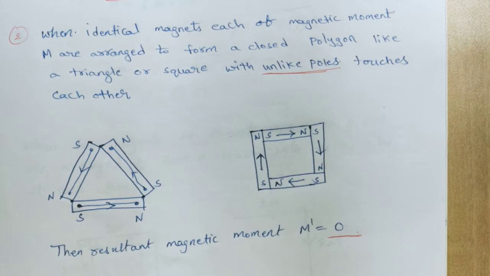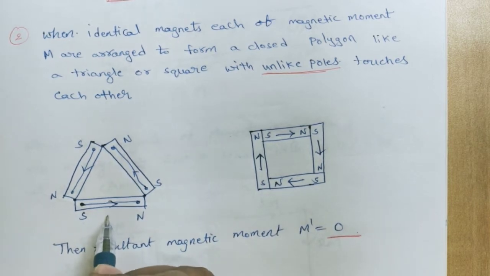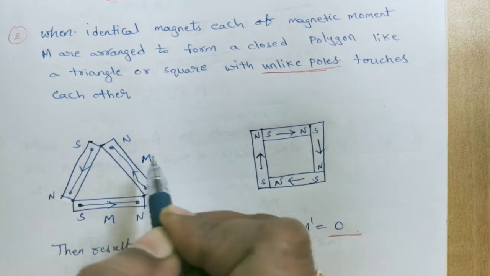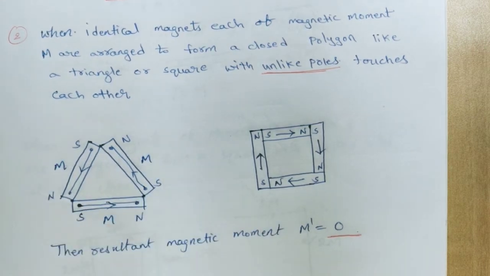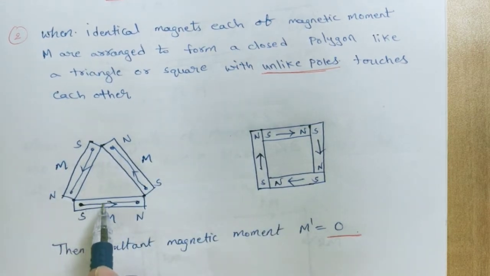In the first example we take only three magnets, each having magnetic moment capital M. By using those three magnets we construct one triangle. Here the magnetic moment M is present, and here M, and here also M. See students, the magnetic moment direction goes from the south pole to the north pole.